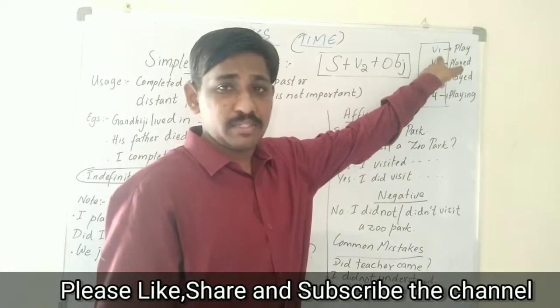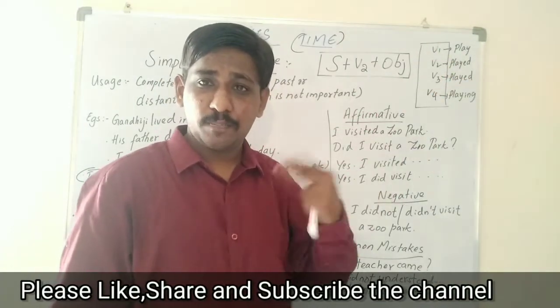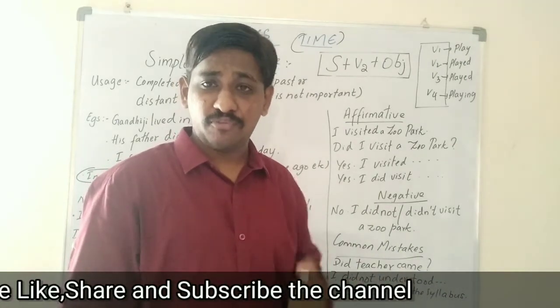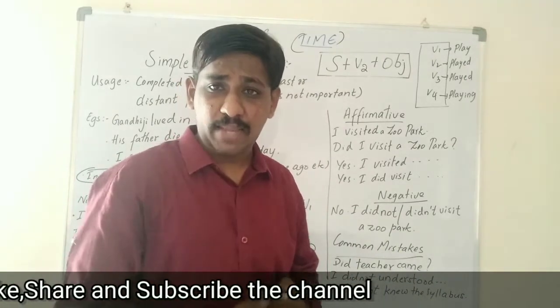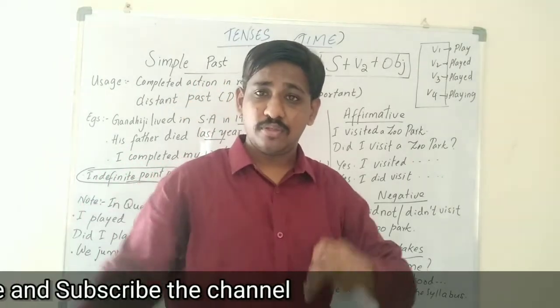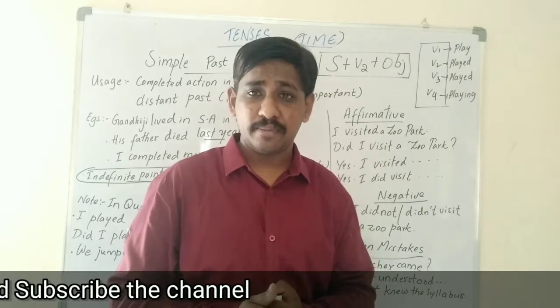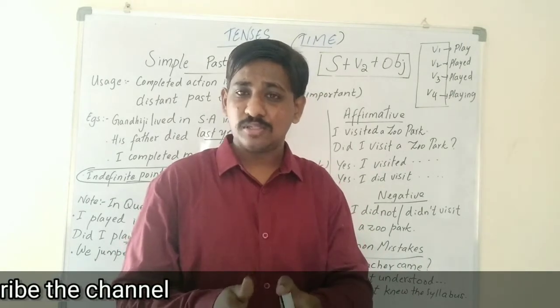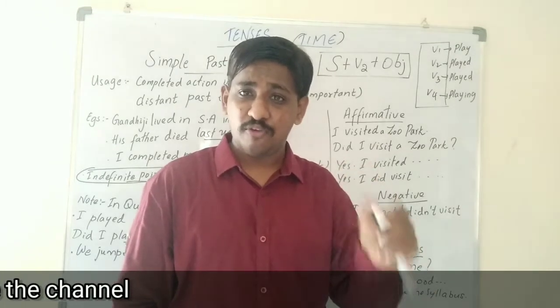Let us take some examples. Play, V1. Played, V2. Played, V3. Playing, V4. Let us take one more example. Throw, threw, thrown, throwing. Put, putting. So these are verb forms.